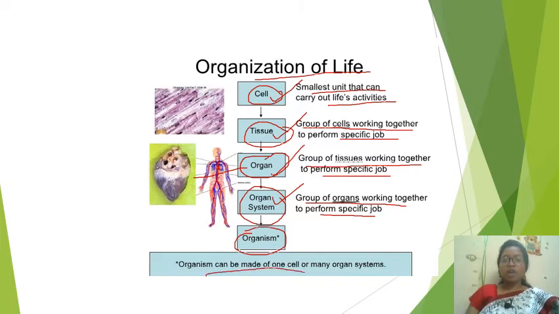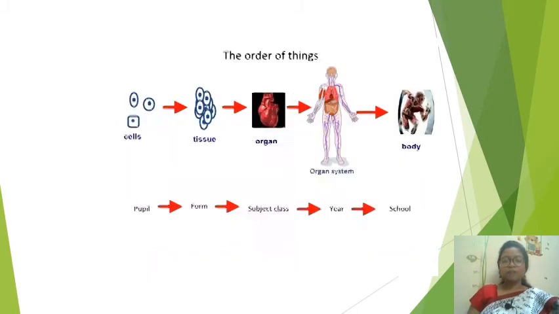Organisms can be made of one cell or many organ systems. Now the order of things, as you have studied here: cells make tissues, tissues together form an organ, many organs form an organ system, and many organ systems together form a body, that is an organism.